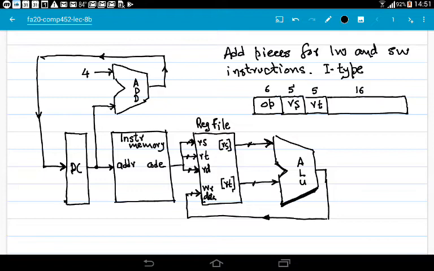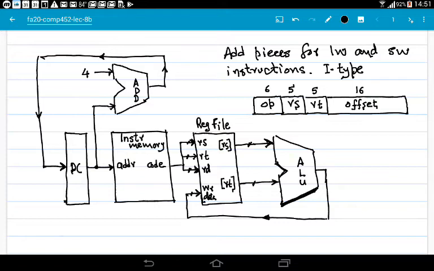Now for load word and store word instructions, this 16-bit field contains the offset.